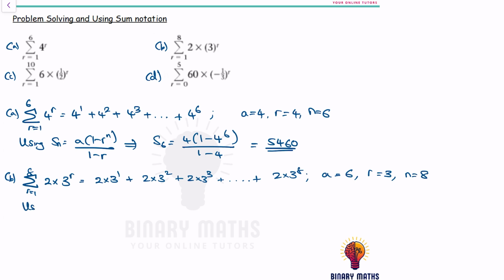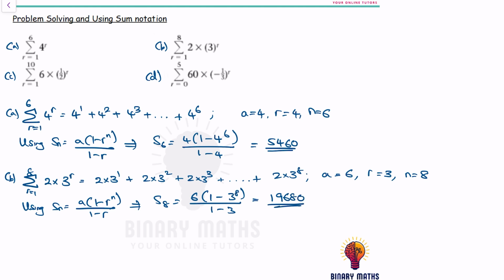So again, using Sn is equal to a times 1 minus r to the power of n over 1 minus r, we get S of 8 is equal to a, which is 6, times 1 minus 3 to the power of 8, all over 1 minus 3, which is equal to 19680 on our calculator.